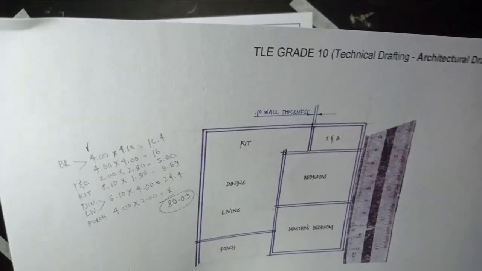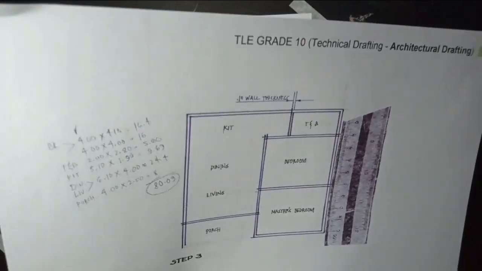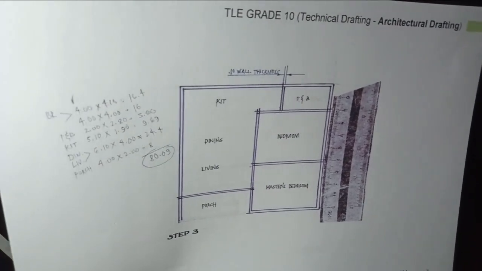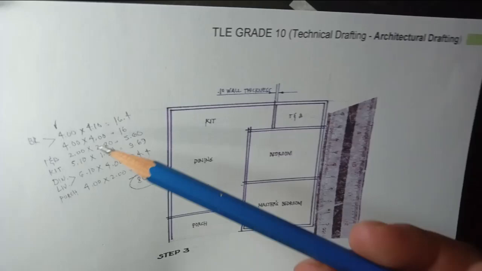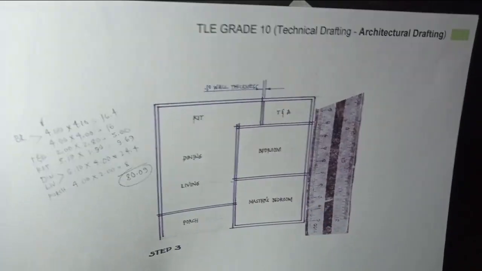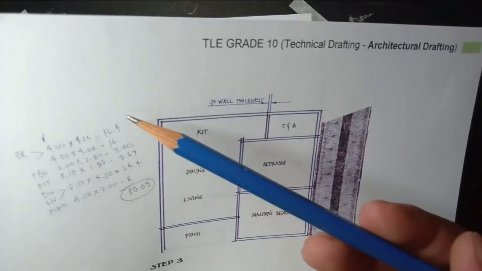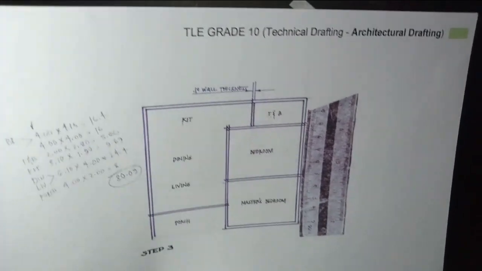That will be the size of our master's bedroom. Since the computation for area is length times width, 4 meters times 4.10 meters is equivalent to 16.4 square meters. So that is the floor area of the master's bedroom, 16.4.